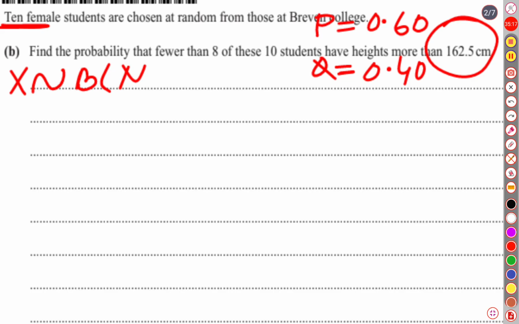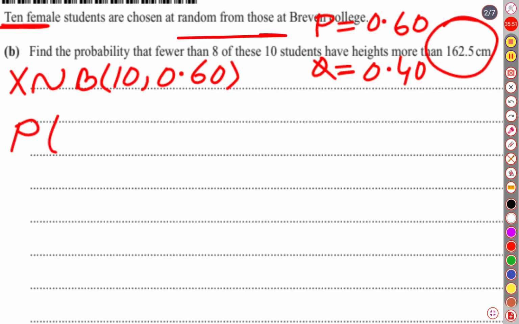Remember, when the total number of experiments as well as the probability of the individual experiment is given, the distribution is binomial. For the binomial distribution, the parameters are n, the total number, and p, the probability of an individual experiment, which is 0.60. Then they have told us to find the probability when fewer than 8.